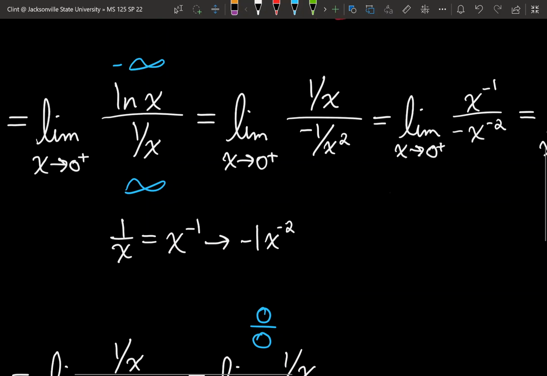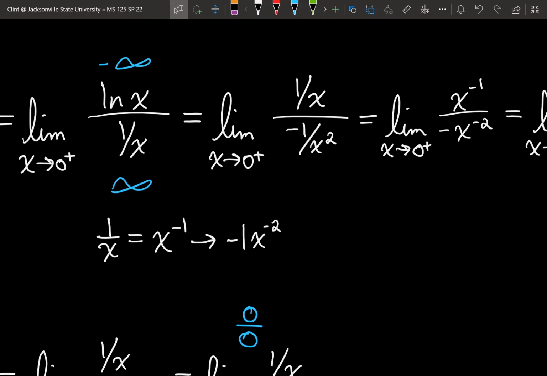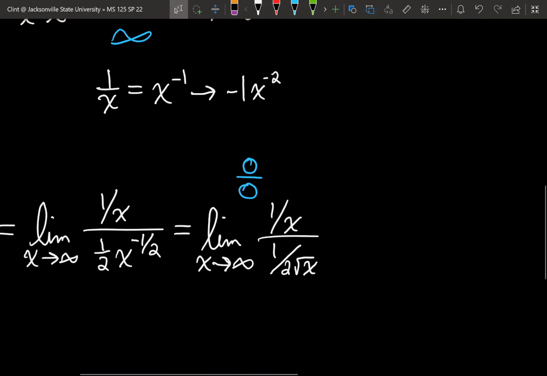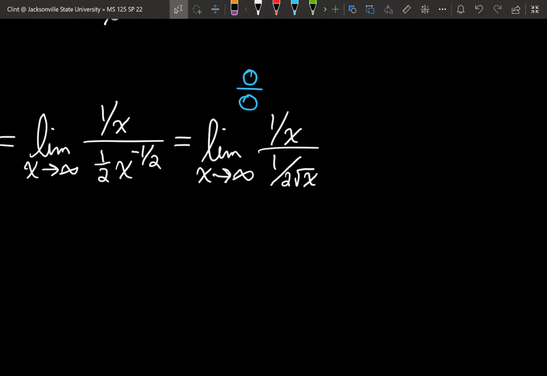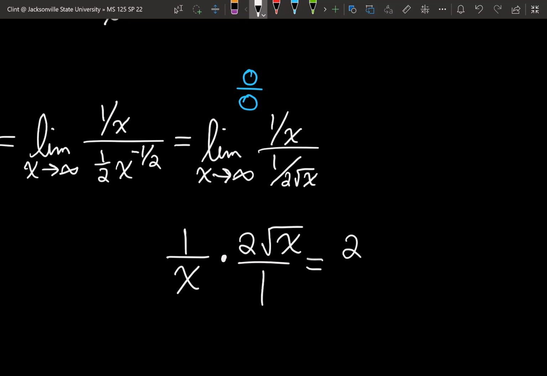Because we were in that similar situation last time, right, when we were here. We just had to do some algebraic simplification. This one's a little bit more convoluted because we've got the square root involved. Maybe it's easier to think about dealing with this as a complex fraction this time, so we would flip the denominator and multiply. And get 2 x to the 1/2 over x.